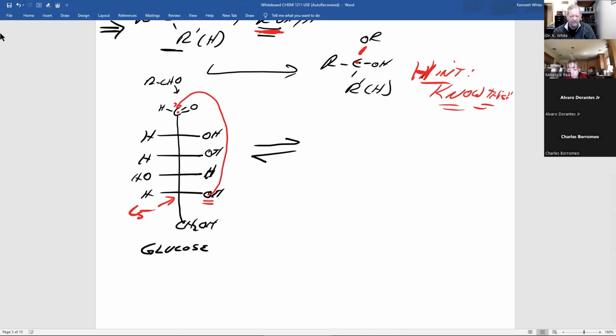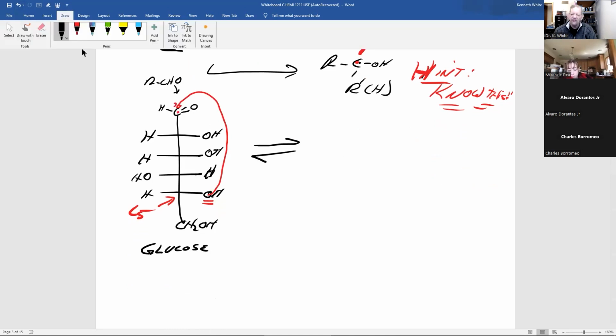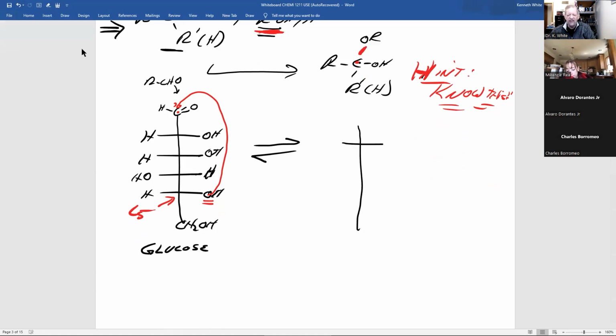This attacks this carbonyl. Now, instead of drawing a Haworth projection, which confuses students, I came up with an idea. That idea was, why don't we just draw the longest oxygen carbon single bond? It may not look pretty, but it gets the job done. Now, anything that's not involved in the reaction will not be changed.